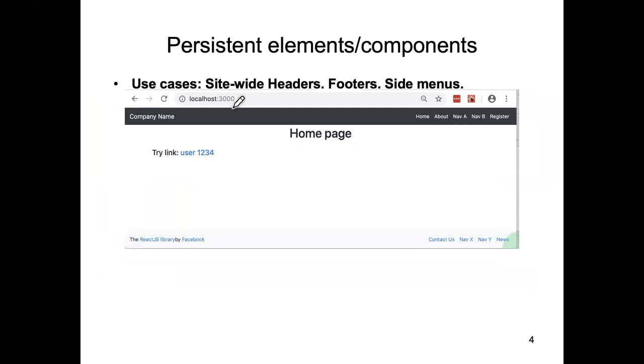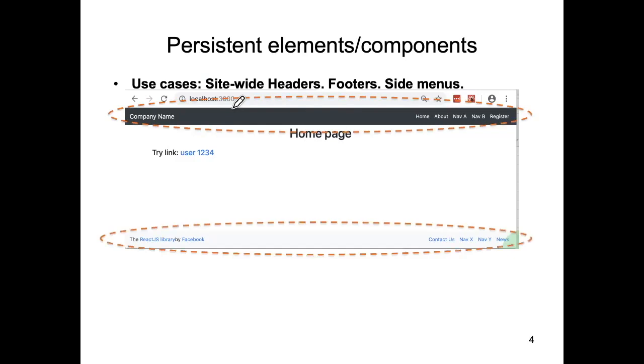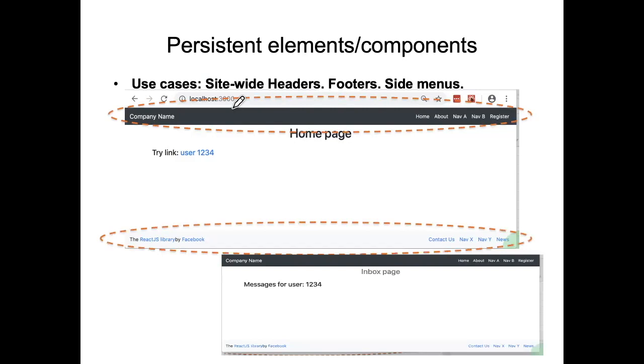But maybe we might have some other pages as well. There might be a registration page, a contact us page, etc. And for each of the pages, and I'm just showing you the home page here, we'd like to have this header on each of our pages, and we'd like to have this footer on each of our pages. And we want that to appear in all of our pages.